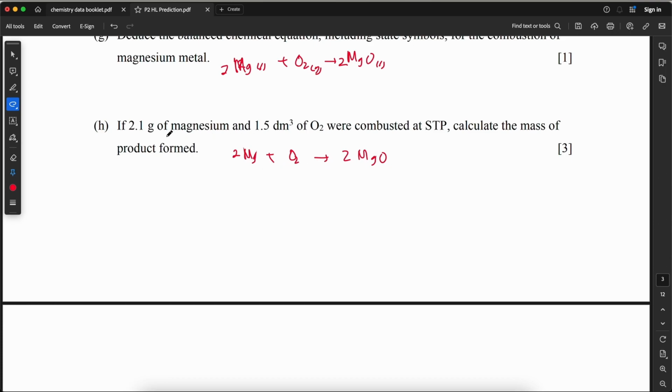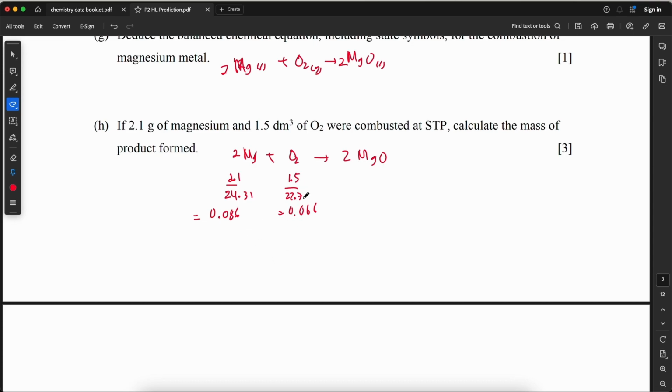So the mass of magnesium, 2.1, divided by its molar mass or relative atomic mass, 24.31, which is 0.086 mole. And for oxygen, that would be 1.5 divided by 22.7. We're now looking for the limiting reactant.